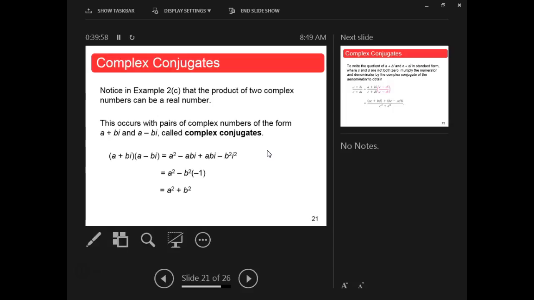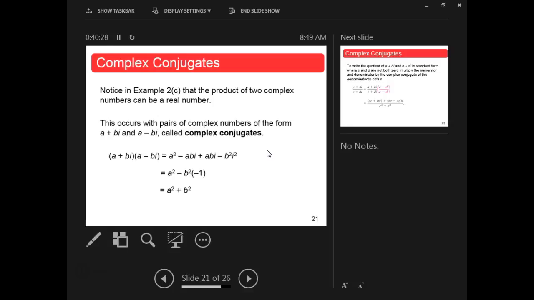All of those have some nice special qualities, but these are complex conjugates. And when you multiply those together, you square the first, that's a squared, minus abi plus abi, that adds to 0 every time, okay? Minus b squared i squared, but i squared is -1, so that comes out a squared plus b squared.